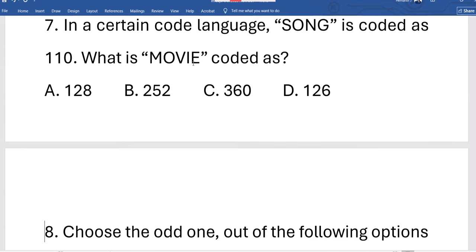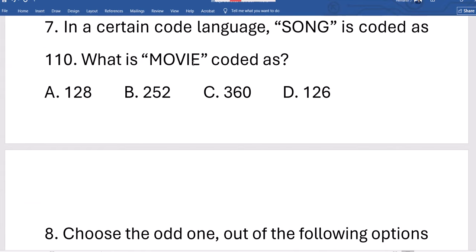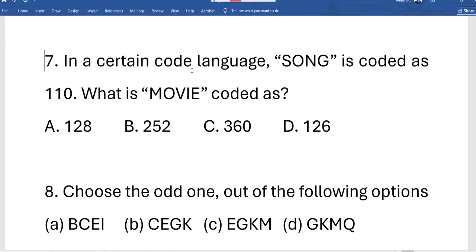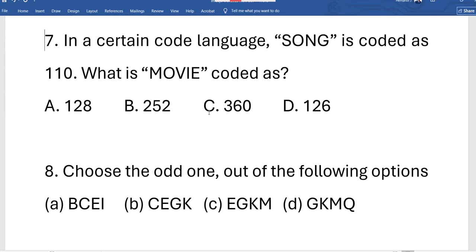Okay, let's see next. This one, song is one thing, movie is what? Song 110, movie is coded as what? Always try with forward coding, then only go for reverse coding.